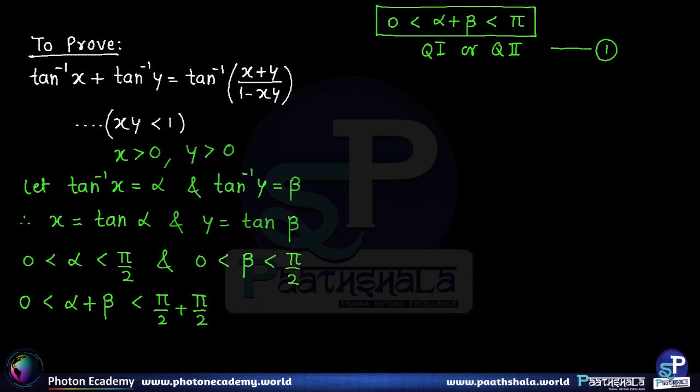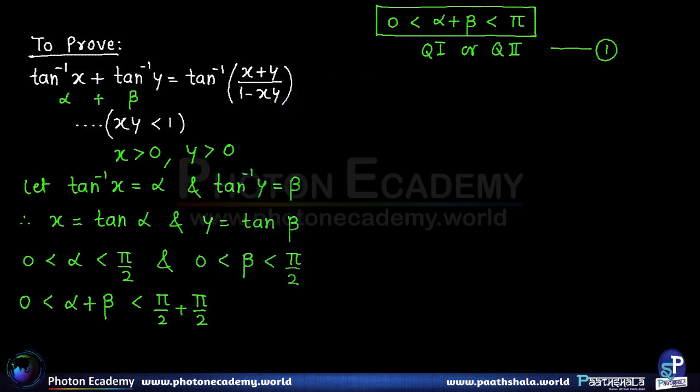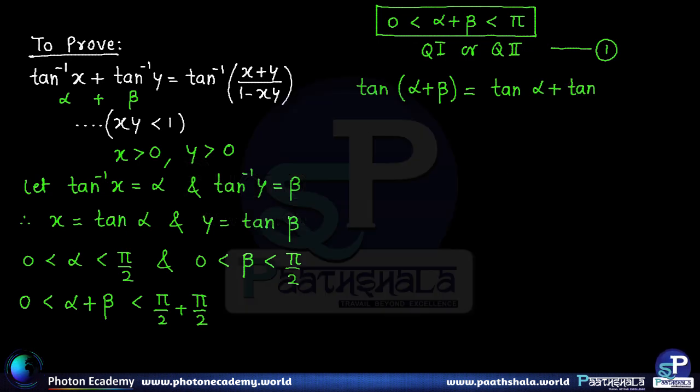Now if you look at the left hand side, it is basically alpha plus beta, and here we have tan inverse. So let us consider the identity tan of alpha plus beta. We know from basic trigonometry it is equal to (tan alpha plus tan beta) whole divided by (1 minus tan alpha tan beta).